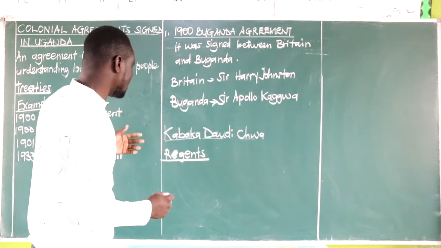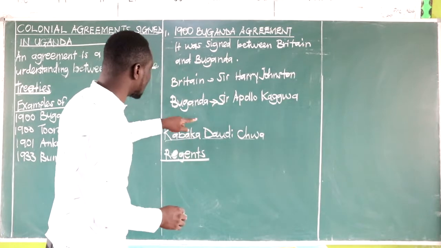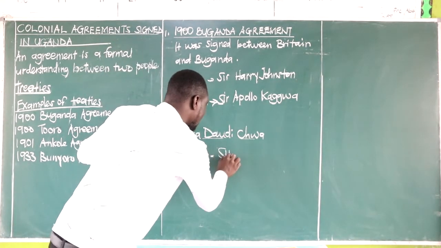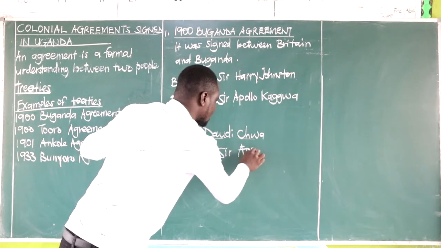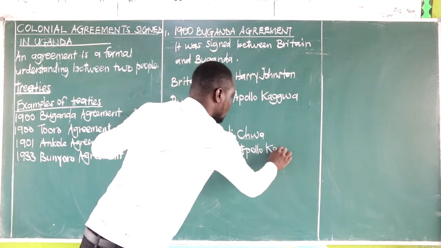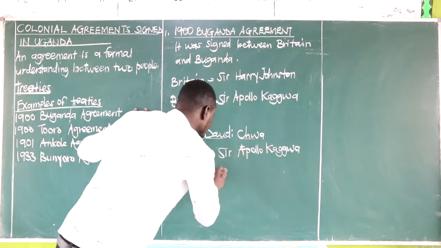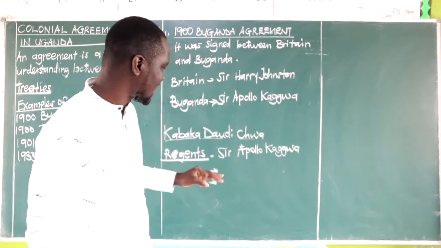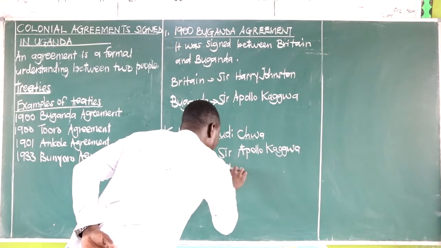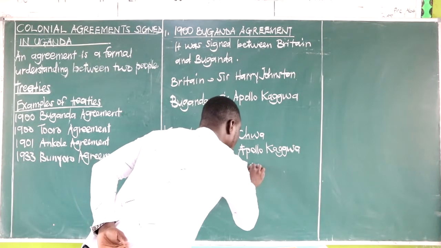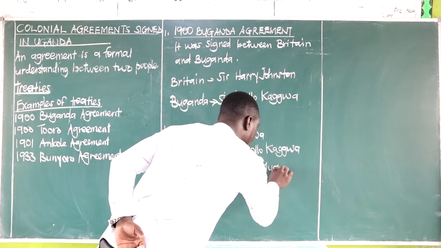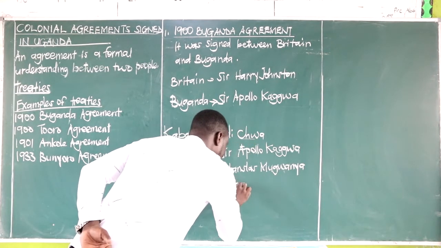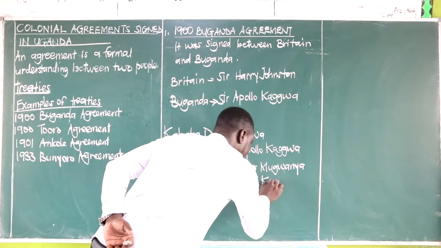For this particular case, the regents of Kabaka Daudi Chwa were, first, Sir Apollo Kagwa. We had 3 regents: Sir Apollo Kagwa, Stanislas Mugwanya, and Zachariah Kisingiri.